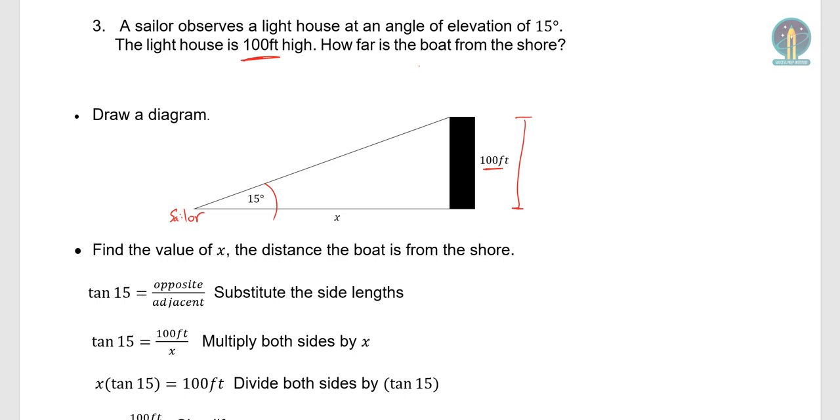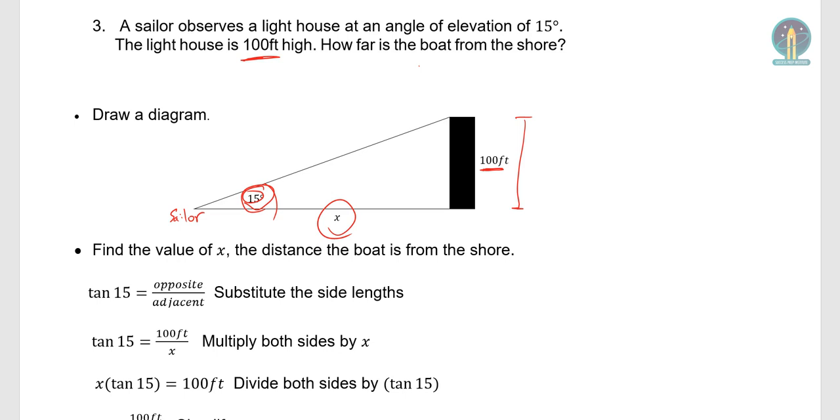So the sailor measures 15 degrees using some measurement device that measures the angle of elevation on the horizon. And the lighthouse is known to be 100 feet, okay? Now, at the moment the sailor measures 15 degrees, what is the distance of the boat from the shore?